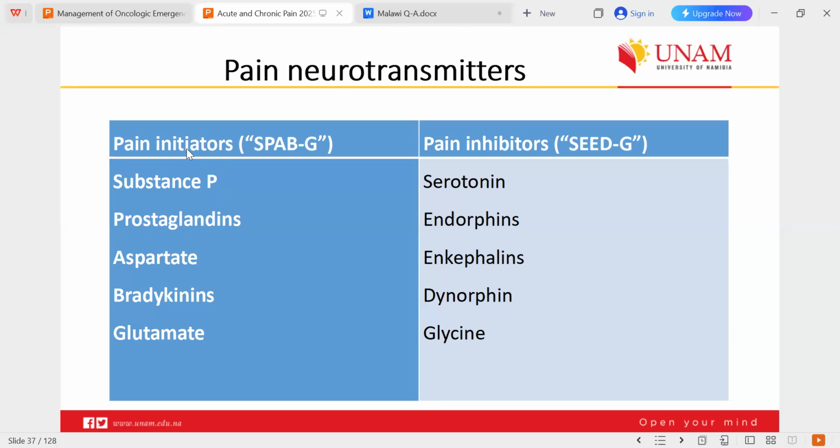We call them pain initiators. While serotonin, endorphins, enkephalins, and dynorphins, which are endogenous, are pain inhibitors. Your glycine and your GABA are the other neurotransmitters that serve as pain inhibitors.